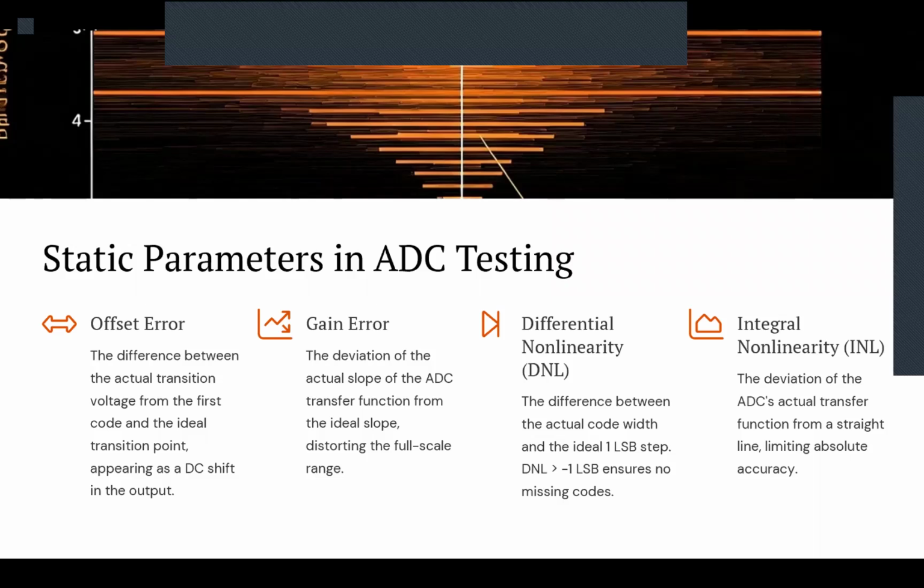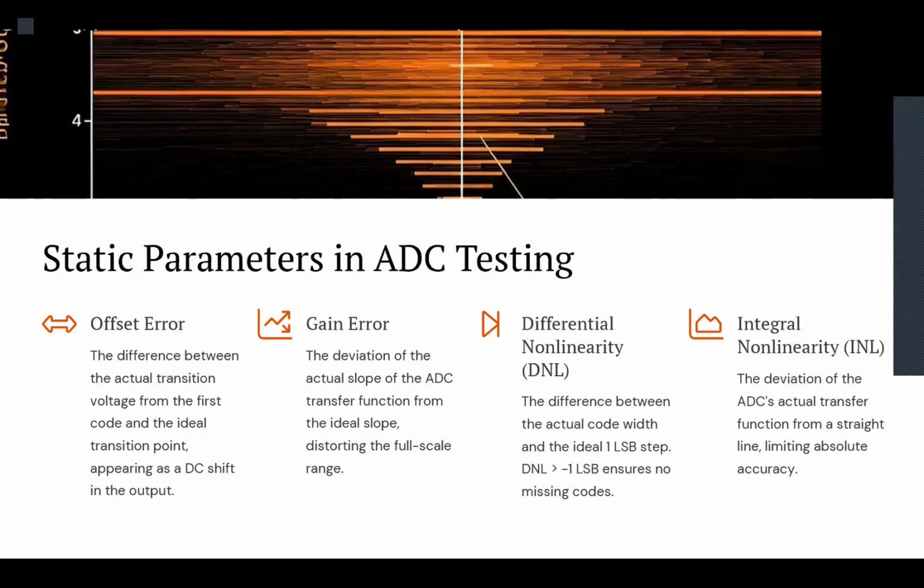Okay, now these static parameters are typically calculated using a code density test or histogram methods. We have an input that is ramped slowly using a precise DAC, and thousands of samples are collected at each input level, so we can build a histogram. The shape and the distribution of the histogram are analyzed to compute offset, gain, DNL, and INL values.